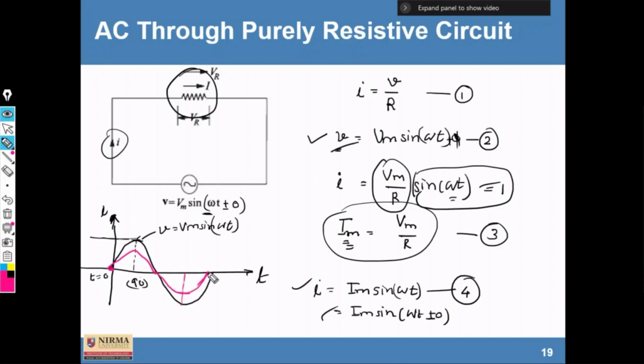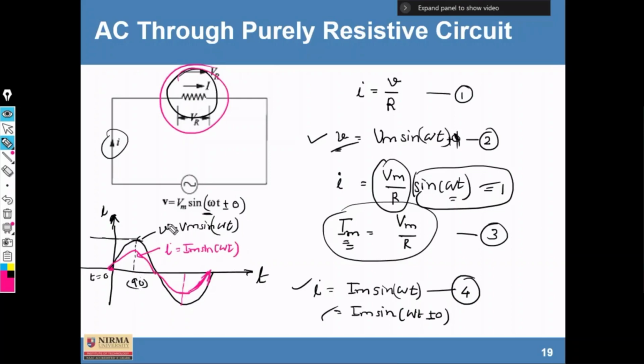The meaning is what here? There is no phase difference between voltage and current when the resistor is connected as an element. I is equal to Im sine omega t. It means the voltage and current both are in phase with each other.